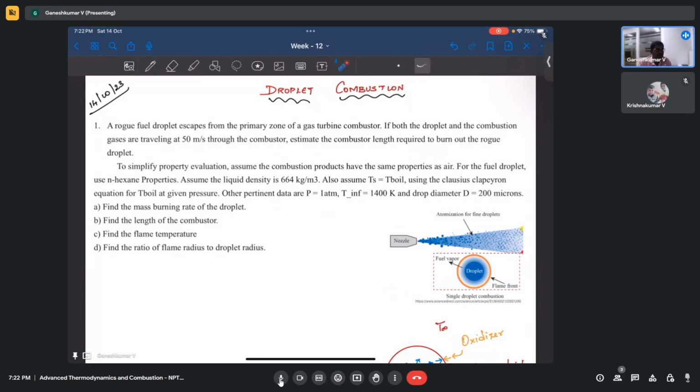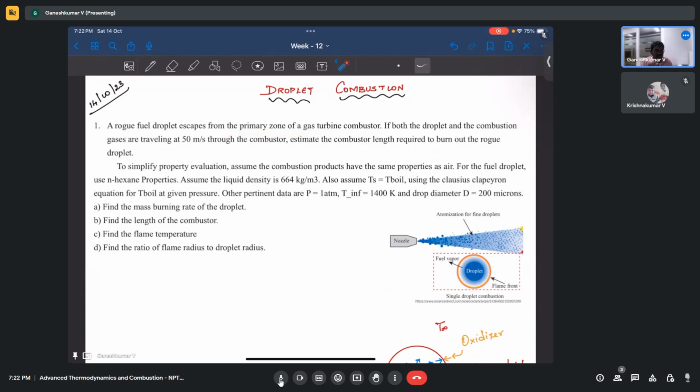I mean, most of the reactions should happen, or at least a gaseous fuel, oxidizer, product mixture should be exiting the primary combustor. But what happened was, one fuel droplet escaped. So that's what they call a rogue fuel droplet. So basically, the one fuel droplet which didn't evaporate, maybe because of its large size, escaped from the primary zone of the gas turbine.